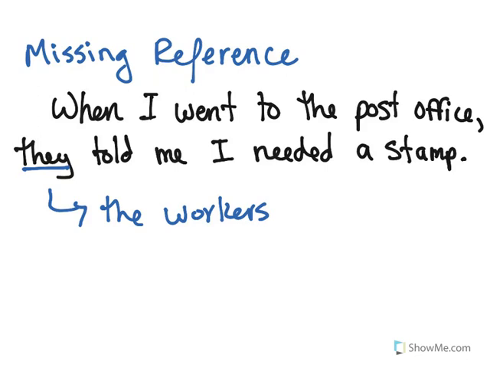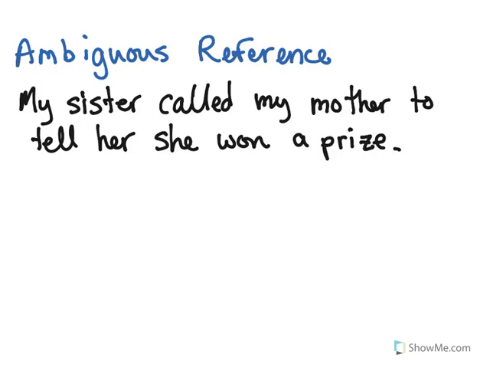In addition to that, you can have what's called an ambiguous reference. Ambiguous just means not clear or unclear reference. And that means that there might be more than one noun and it's not exactly clear which noun the pronoun refers back to.